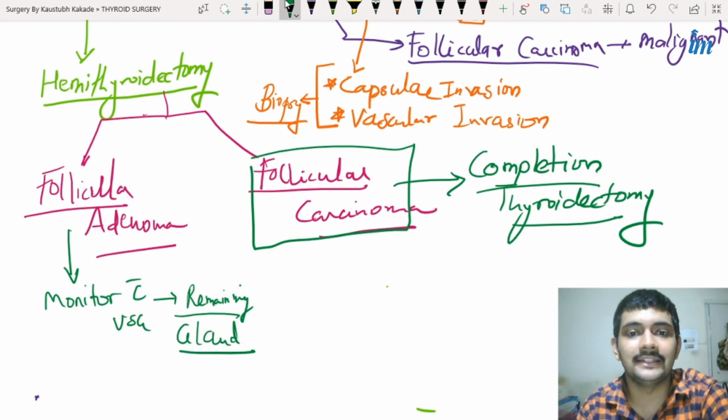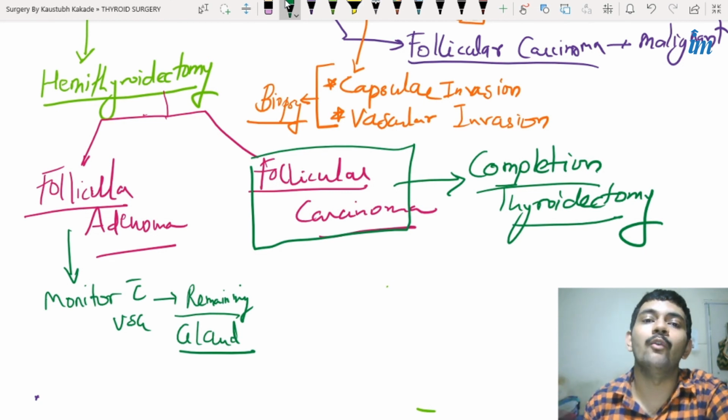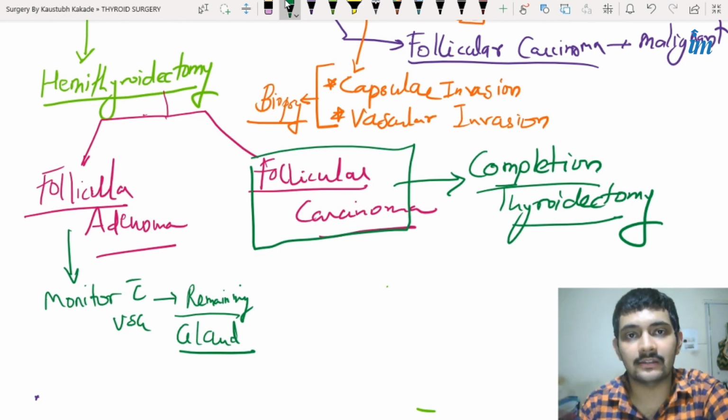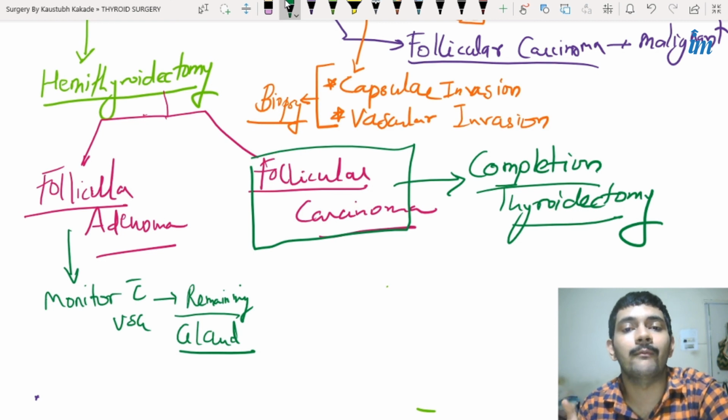And if it comes out to be follicular carcinoma, which is malignant, you will do a completion thyroidectomy, that is, you will go back, open the patient again, and remove the remaining gland as well. This is how you are going to manage a case of adenoma or carcinoma, follicular. And overall, this is how you are going to manage a case of thyroid nodule.